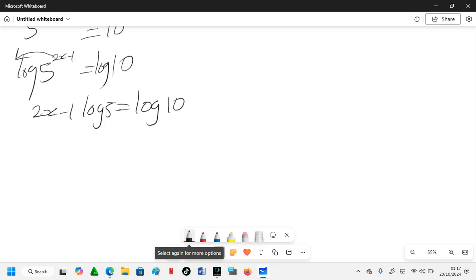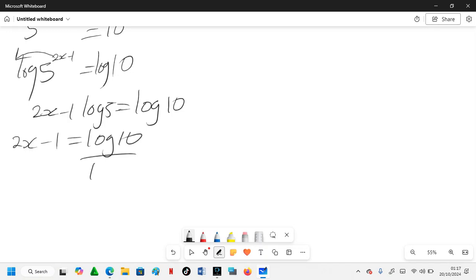So now we have 2x minus 1 being equal to log 10 over log 5. So log 10, remember, is 1, because as we said, when you have a log and you're not given the base, then the base is automatically 10. So that one is 1.